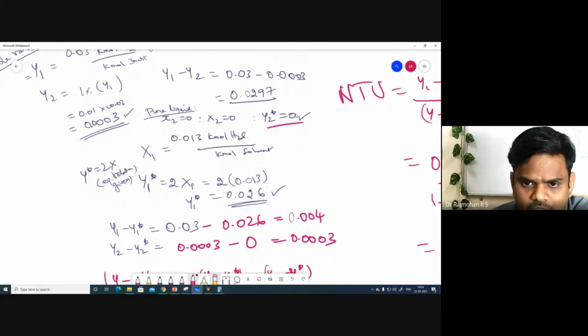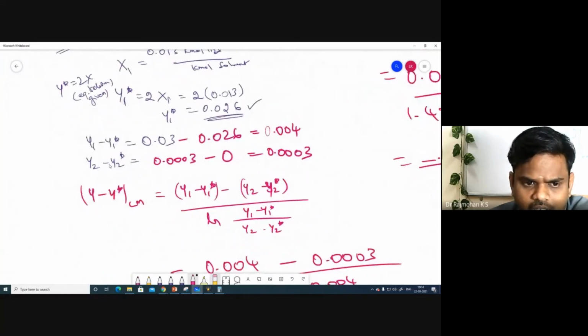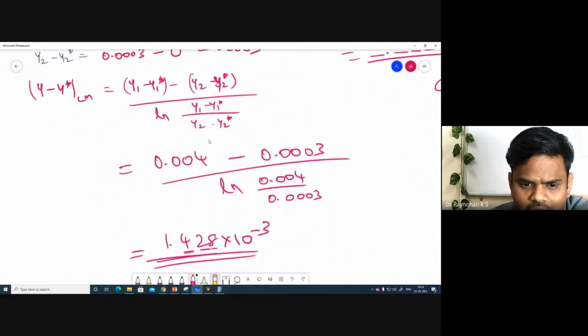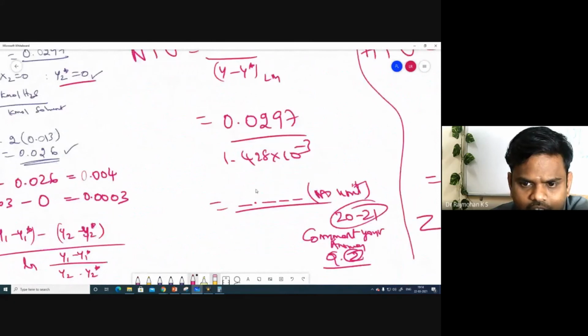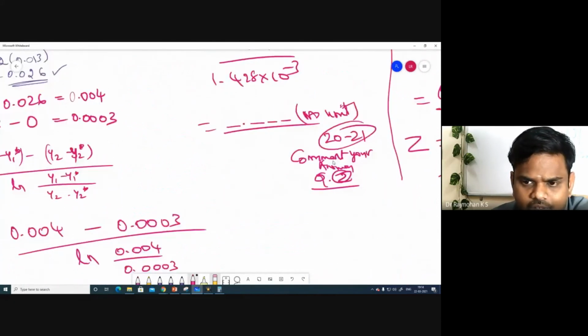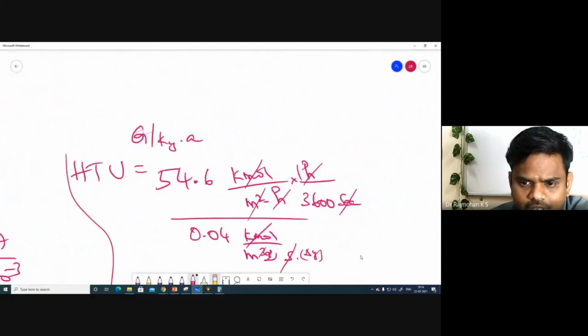So once we have both y2 star, y1 star, y1 and y2, we calculate what is y1 minus y1 star, y2 minus y2 star. Then substituting in the formula, we get the value of y minus y star logarithmic mean. So once we get the value, we substitute here to get the value of NTU value. So NTU value has no unit. Then we calculated the HTU value from the given data.